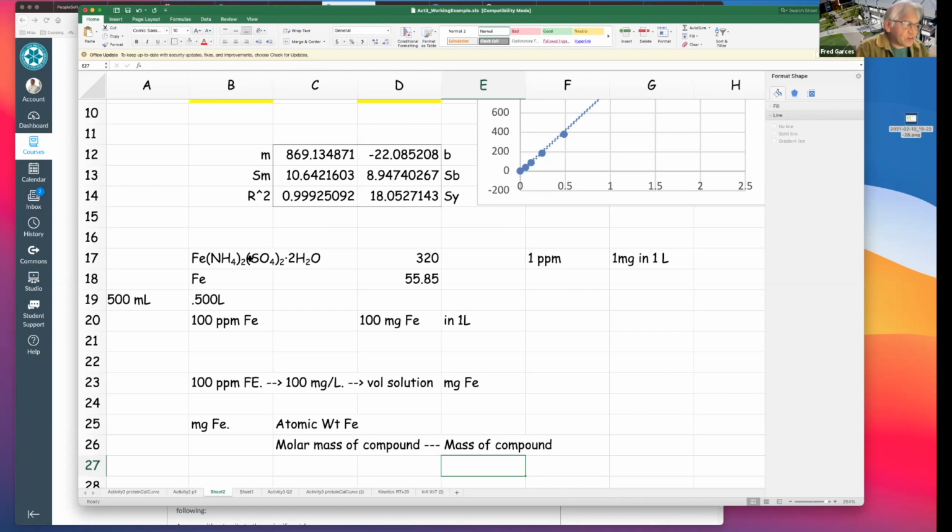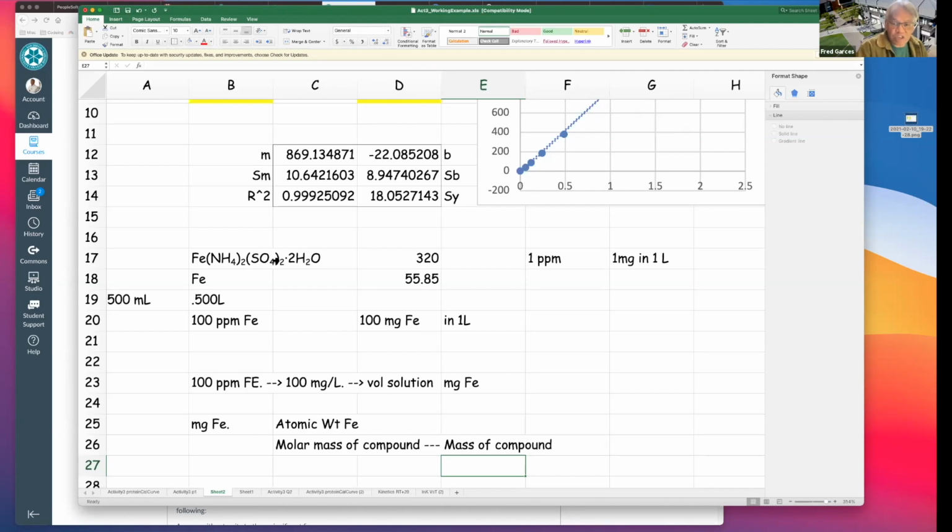I think I've given you the steps. Go from 100 milligrams per liter, multiply by the liters and get rid of the liter. Now you have 100 milligrams of iron: convert milligrams of iron to grams of iron, convert grams of iron to moles of iron, convert moles of iron to moles of iron ammonium sulfate, and then use the molar mass of iron ammonium sulfate to get the grams of the compound.